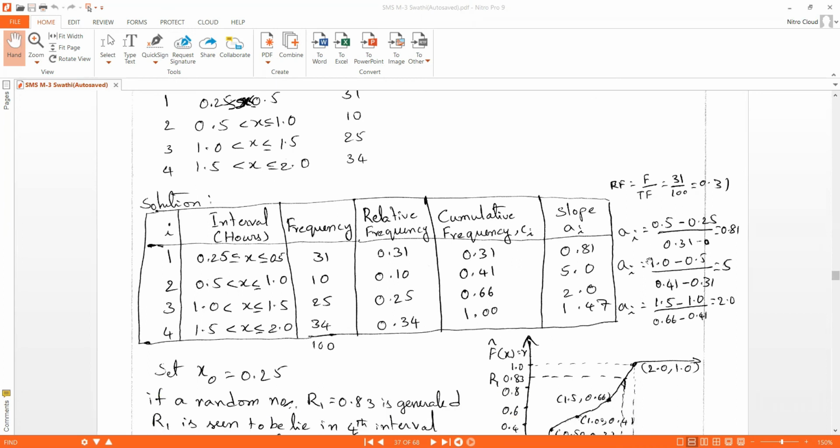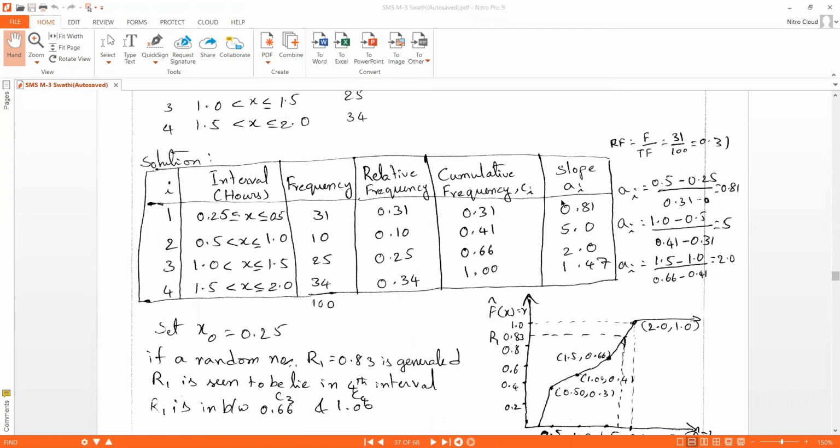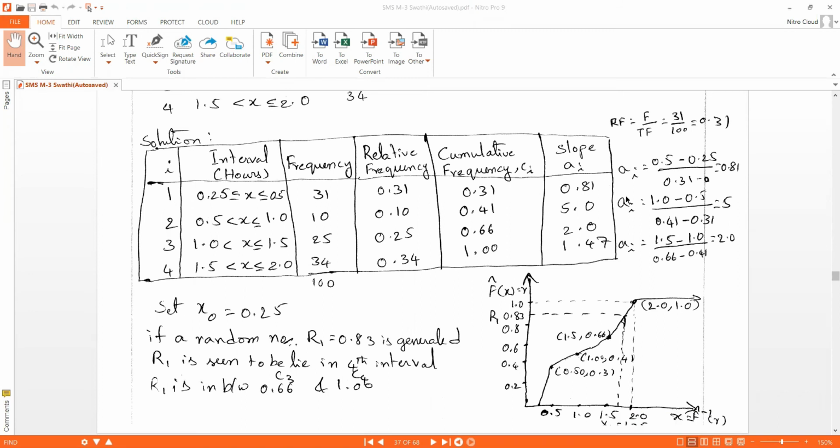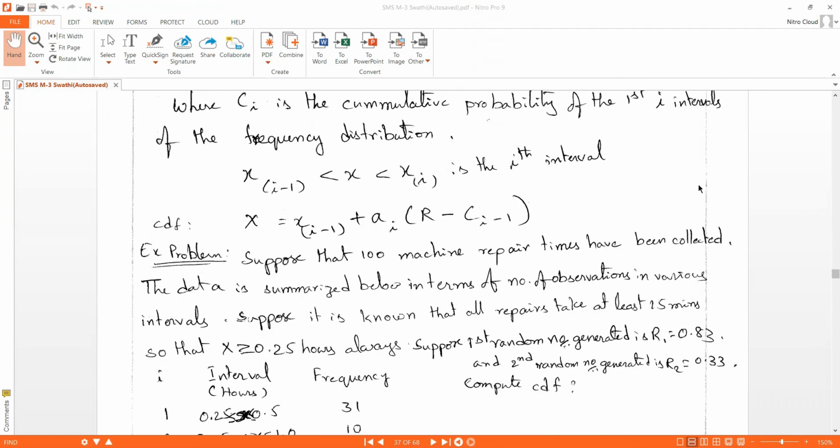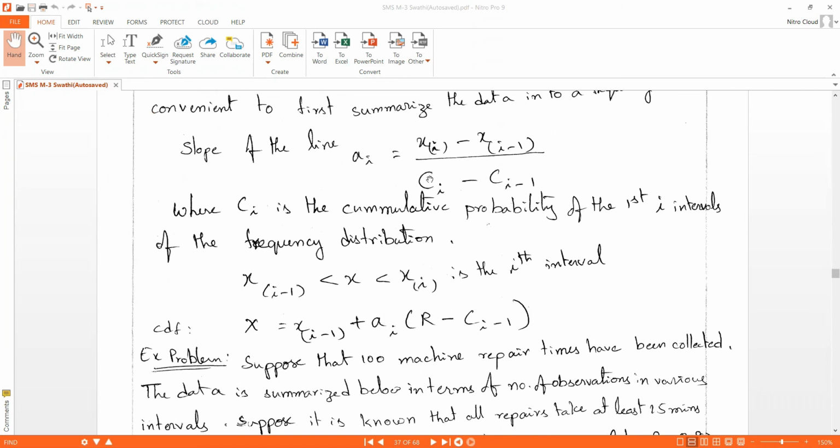Okay, now we need to find the slope a i. The formula is x i minus x i minus 1 divided by c i minus c i minus 1.